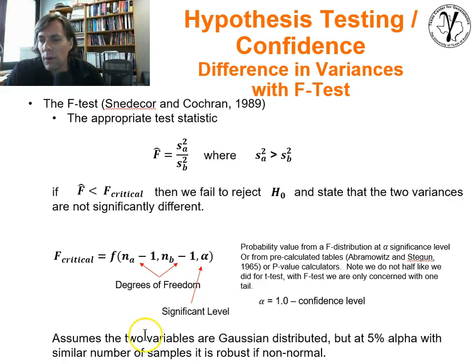Now we should note that this specific test assumes the two variables are Gaussian distributed, but it's been found that if you're working at an alpha level of 5% or a confidence level of 95% with a similar number of samples, this method is still robust if the data are not Gaussian distributed. So we'll be fine using this in many of the situations we go through.